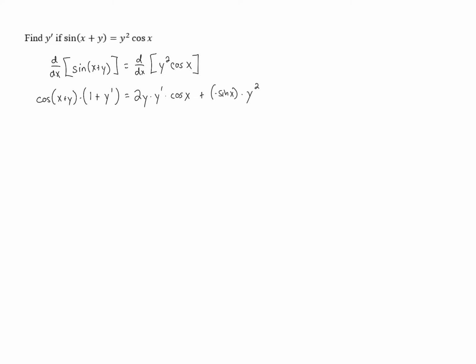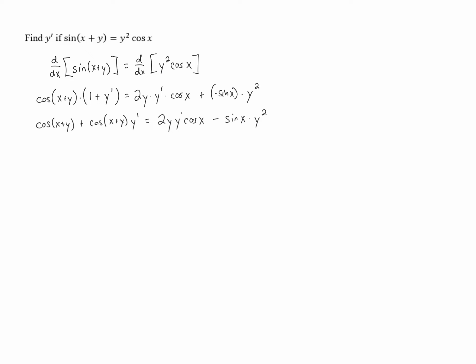Cosine x plus y times 1 is just cosine x plus y. And then plus cosine x plus y times y prime is just that. And then on the right, we've got 2y, y prime cosine x. And then I'm going to write this just as minus sine of x times y squared.